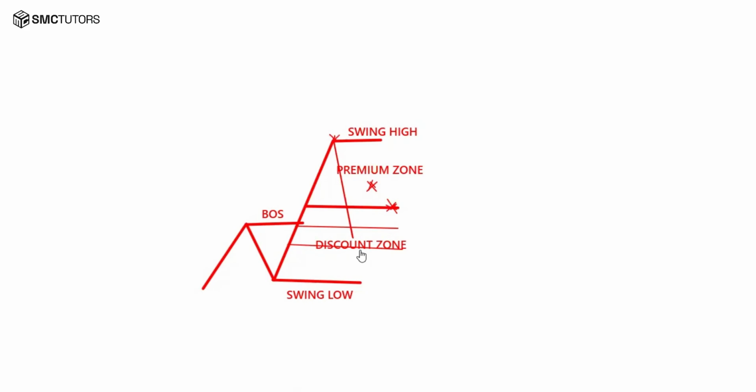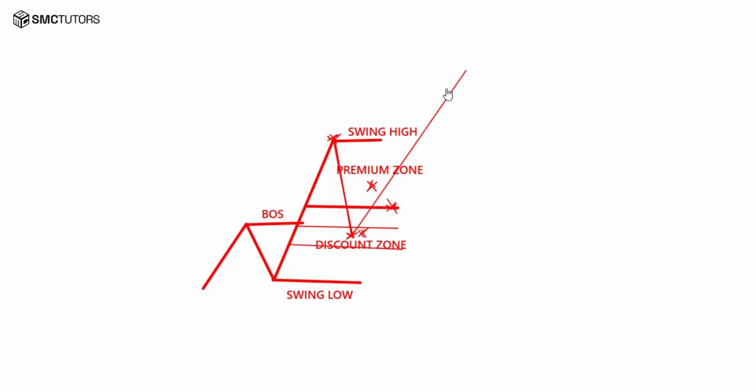So now for a bullish market, we'll have to wait for price to get into a discounted price, a cheap price. Remember, price has gone up all this way and we have to wait for it to pull back down so that it can give us an advantage price that is cheaper for us to buy back into the move.